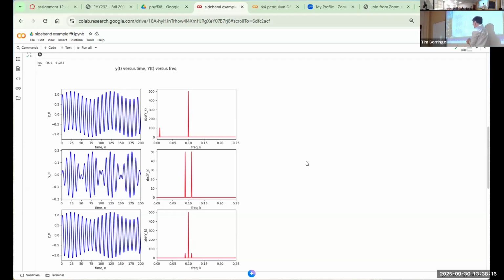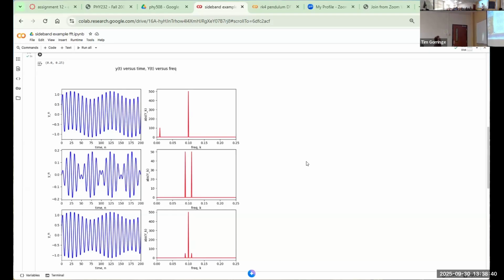So again, you see the low frequency and the high frequency here. And then this is the combination where I've got both of the effects of adding together signals and multiplying signals. And that's just an example I'm going to mention when I talk about the Fourier transforms.